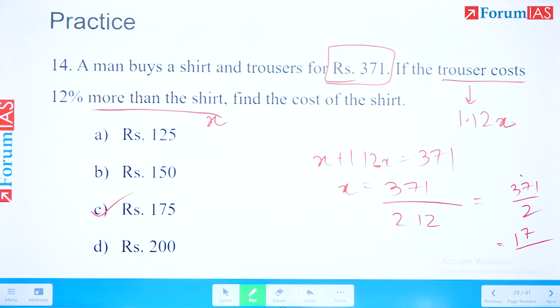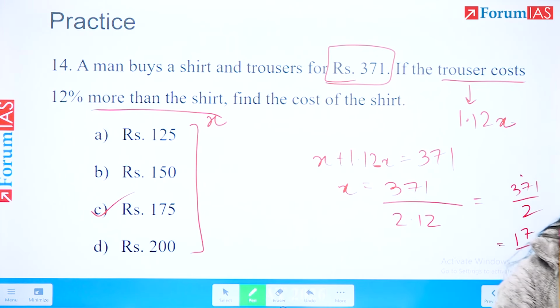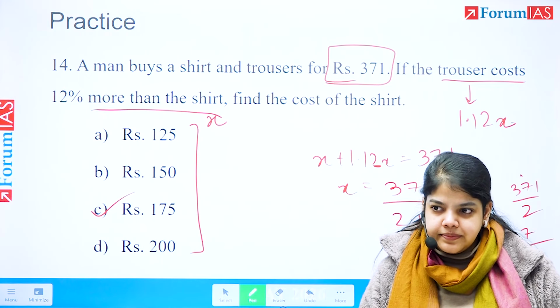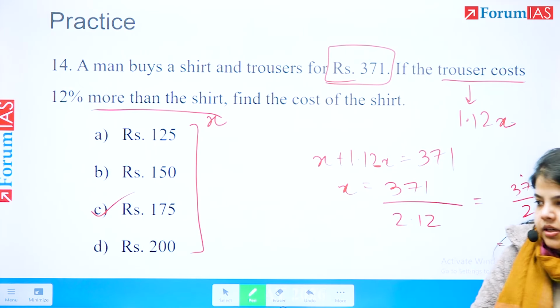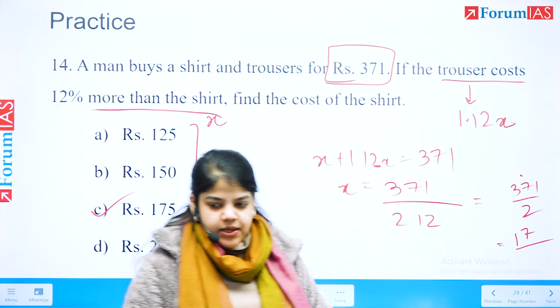It's near about half. Why could we do that? Because the options were far enough. So the answer is 170 something, 175. And the right answer is 175. I hope you got this right. Yes, C 175 Dhananjay.